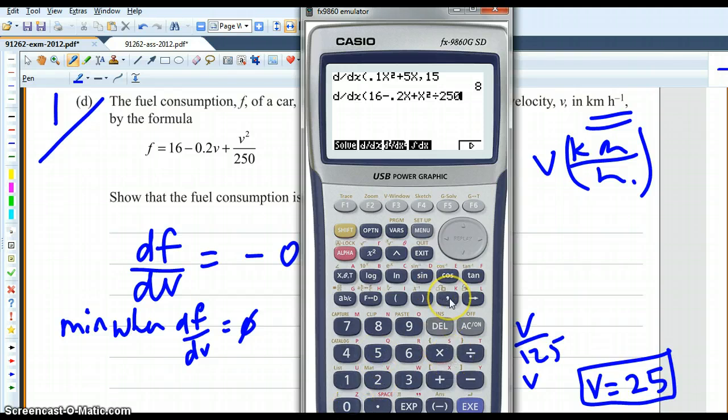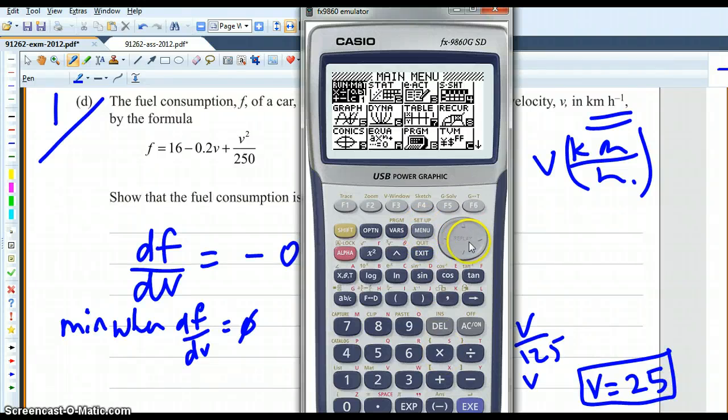And what am I subbing in? My velocity of 25, and I'm hoping that I've got a gradient of 0. Yes, I do have a gradient of 0. So that's pretty cool. Now the other thing I could do is go into my graph.